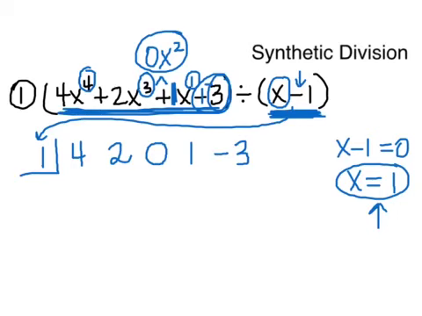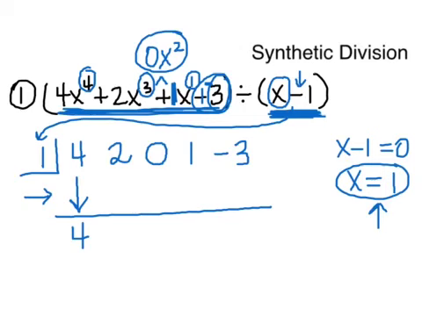If you add the opposite, it would be a negative 3 anyway, so the coefficient is considered to be negative 3. Then you leave some space in here, and you draw a line down here, and then you always bring down the first term just as it is. You don't do anything with the first term, you just bring it down below the line.